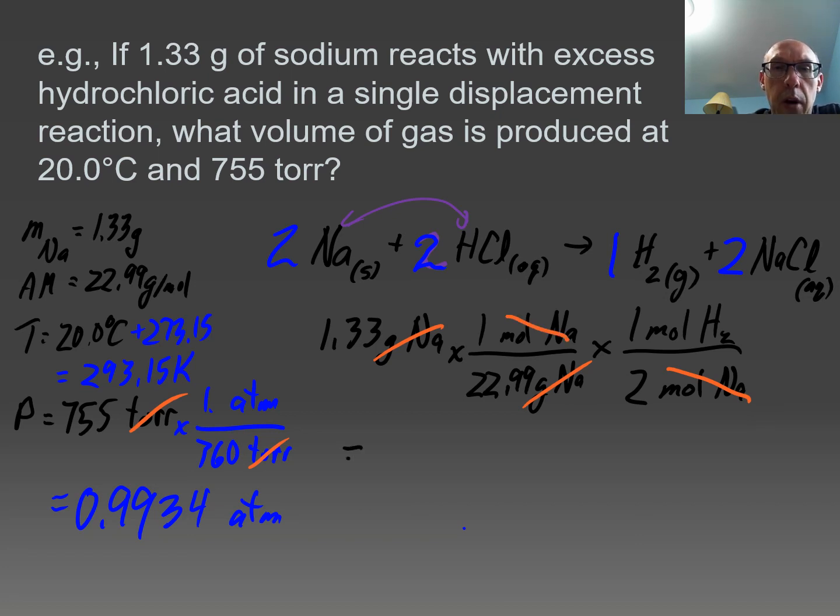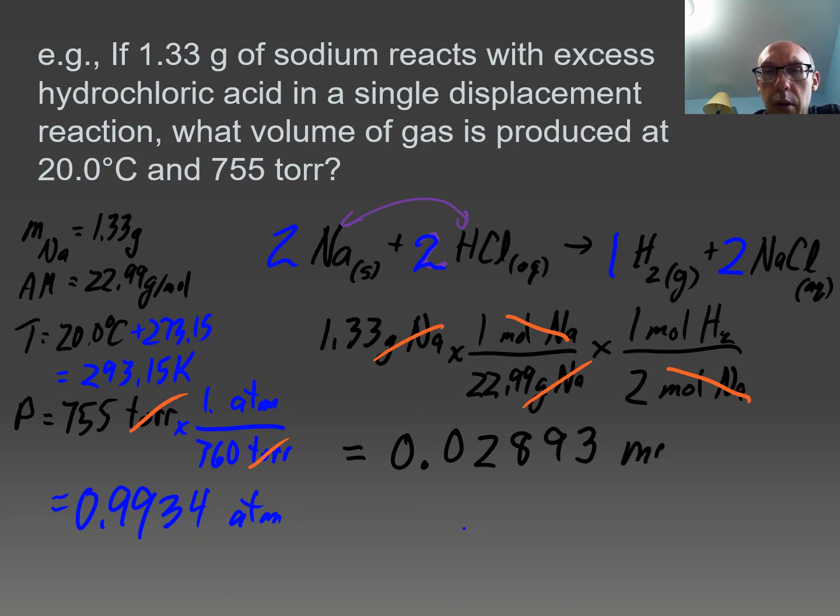And when I go through this process, notice I keep the gas calculation separate. This one is usually much easier to do in steps. So it's 1.33 times the ones, divide by 22.99 and divide by 2. And when I complete this calculation, I should get 0.02893, which I know is more significant than I need to carry, but because I need to minimize the rounding errors, I'm going to carry extras for now, and I will then round at the end.